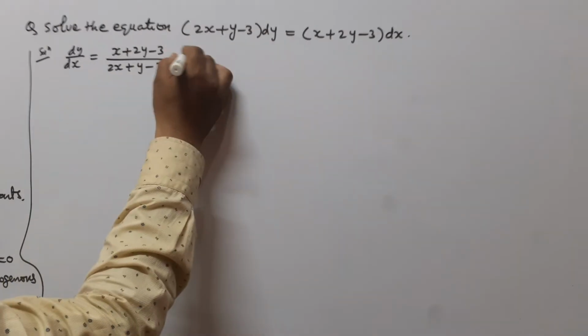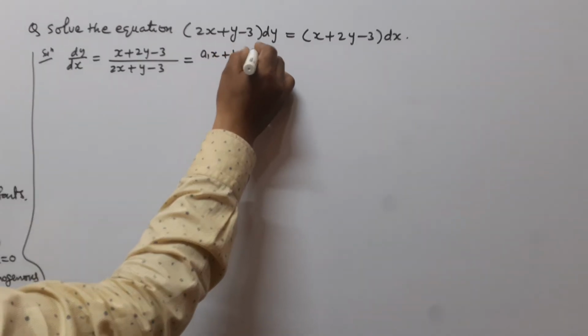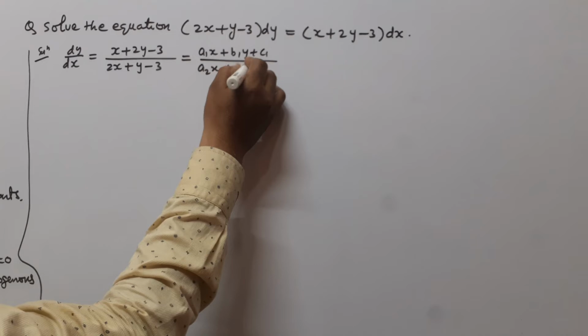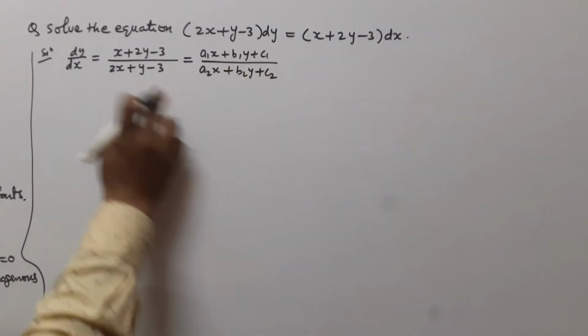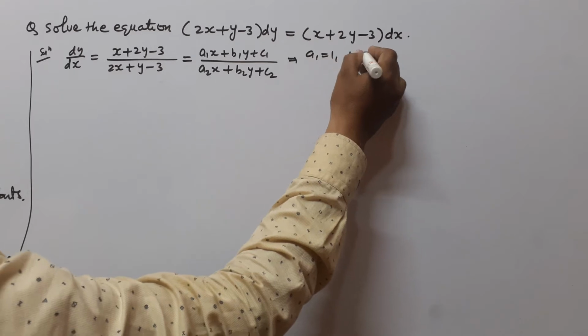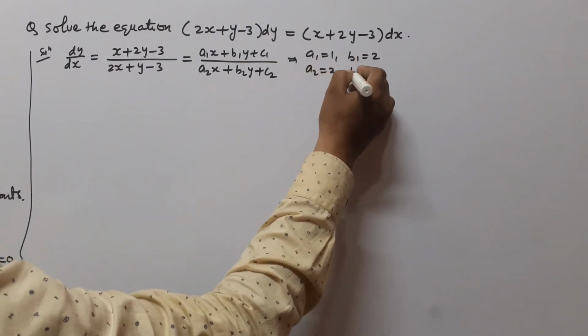Now we compare this equation with (a1x plus b1y plus c1) divided by (a2x plus b2y plus c2). So we can see here a1 is equal to 1, b1 is equal to 2. Similarly a2 is 2 and b2 is 1.